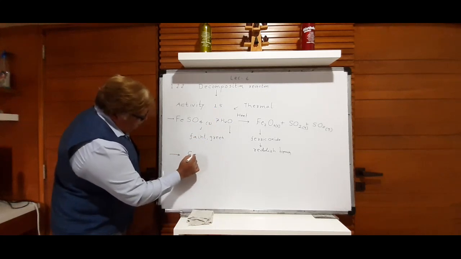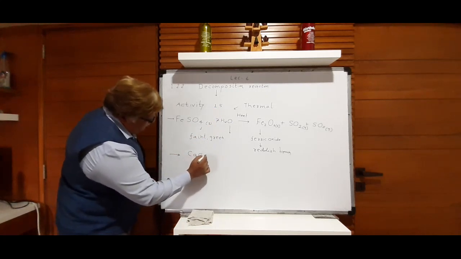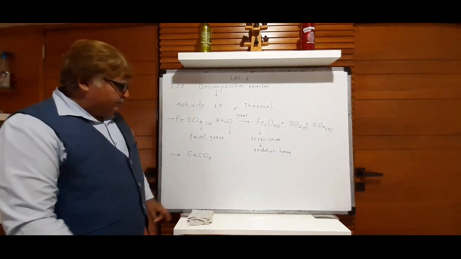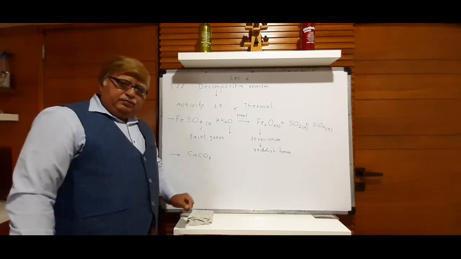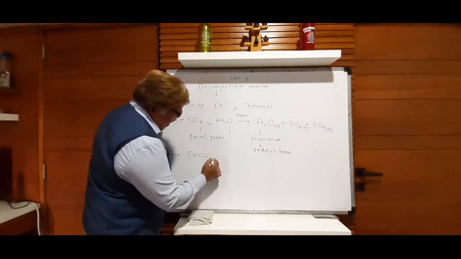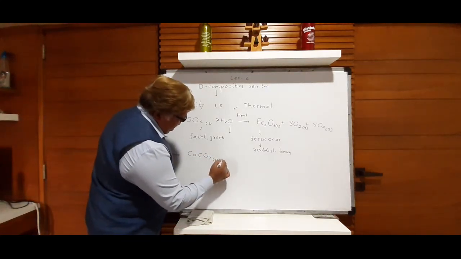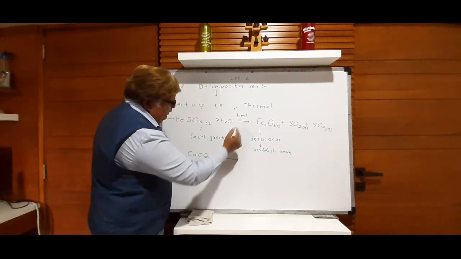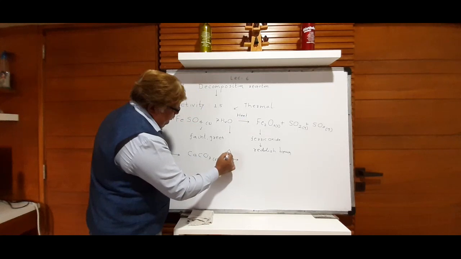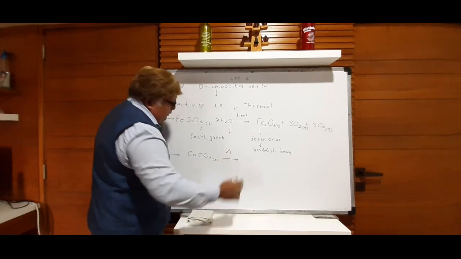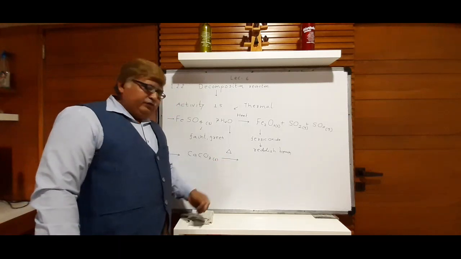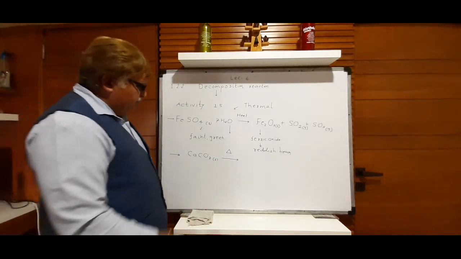A well-known example we have also done somewhere in balancing chemical equations. Calcium carbonate in solid form, when heated, I may write heat or I may put this particular symbol. This symbol also implies that heat is supplied to calcium carbonate.